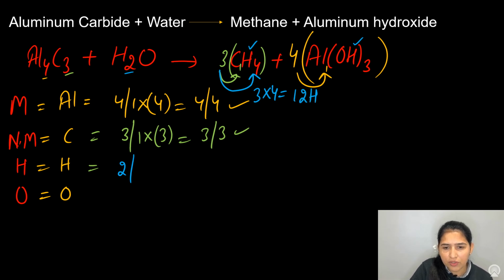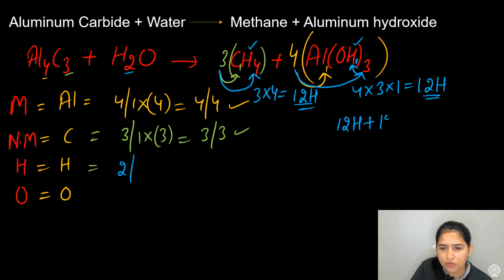Now for this it's going to be 4 times of 3, then inside it is 1, so it's going to be 4 times of 3 times of 1, it's going to be 12. So let's count it together. So in total it's going to be 24 hydrogens.